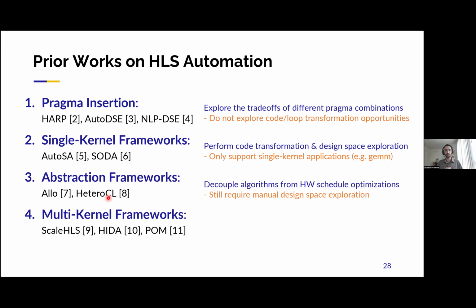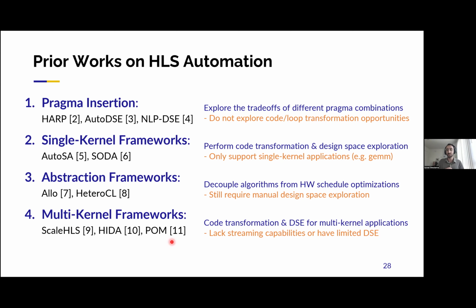And the last type is multi-kernel frameworks like Scale-HLS, HIDA, and PALM. These frameworks apply code transformation and design space exploration for multi-kernel applications. Multi-kernel applications, for example, a CNN or multi-layer perceptron or any other application consisting of more than one kernel.